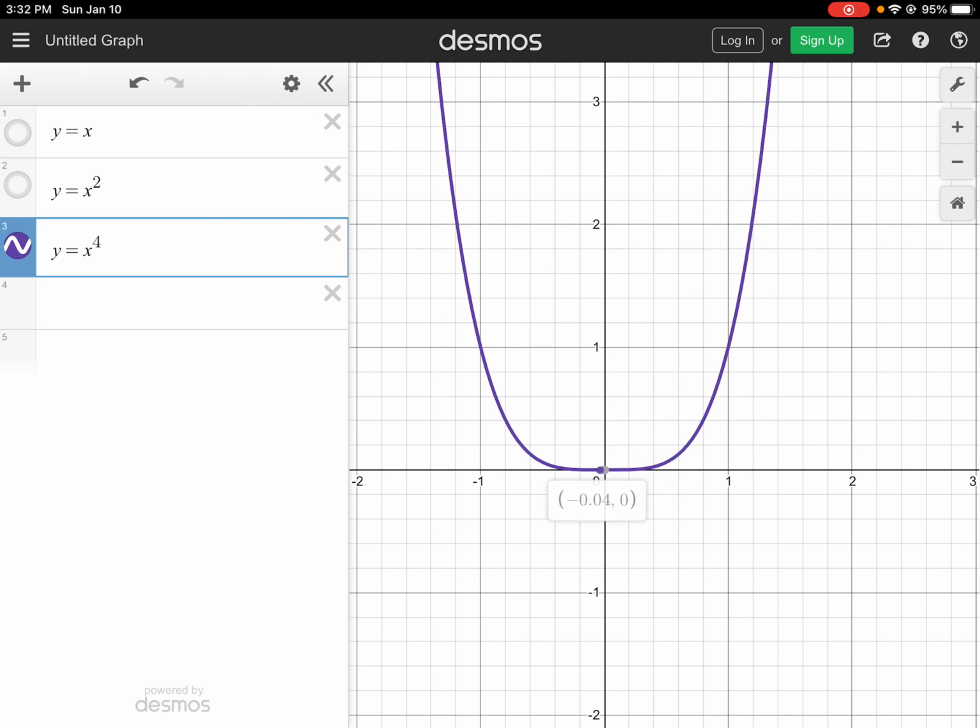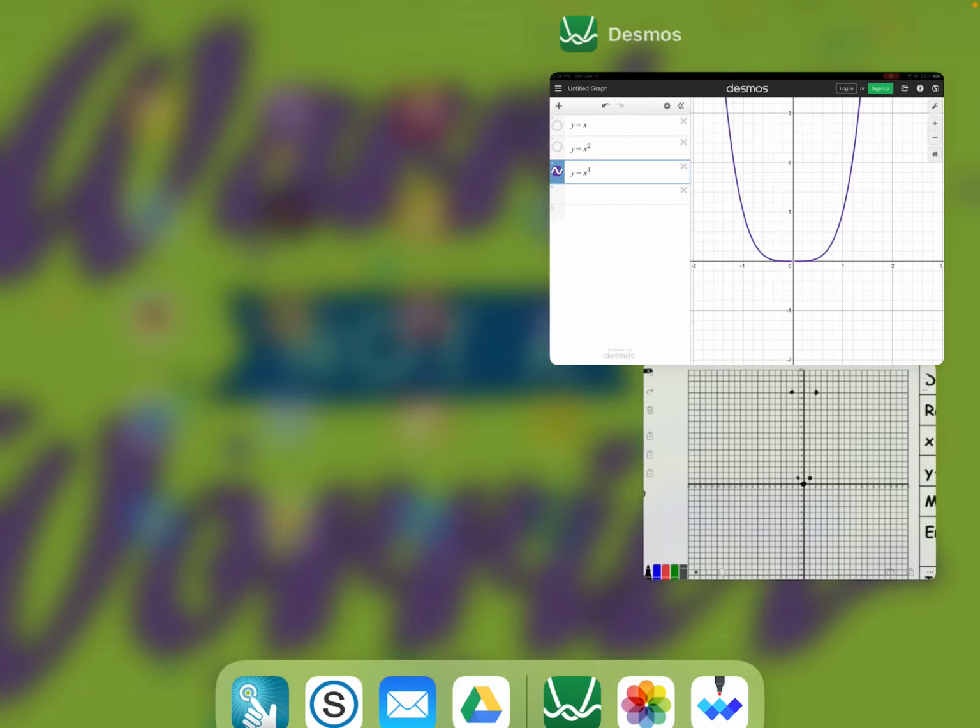So this isn't necessarily what we would call a vertex, so to speak. I mean, it is, but it doesn't act the same way that our other one did. So it's a little flatter right here than our quadratic one is.